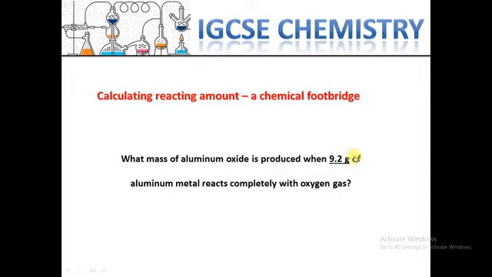So the only value the question gives us is 9.2 for aluminum metal.